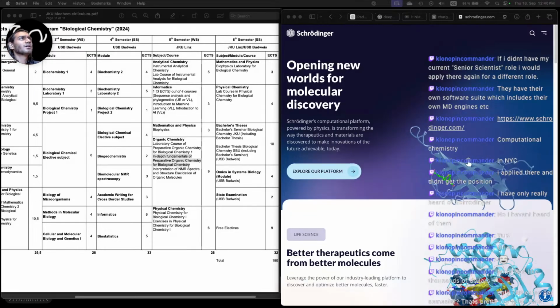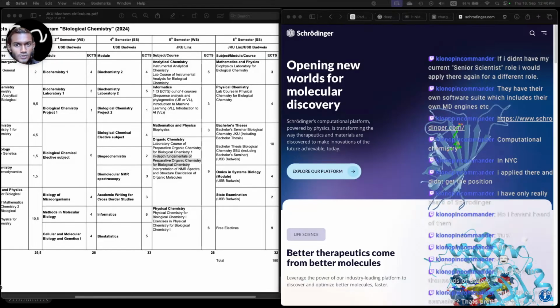What do you mean? In term 2025 winter, there's no lecture for this course. What? How? What else? Mathematics and physics, biophysics. I don't think I'll be taking biophysics. Course is crowded. Yep, I can't register.